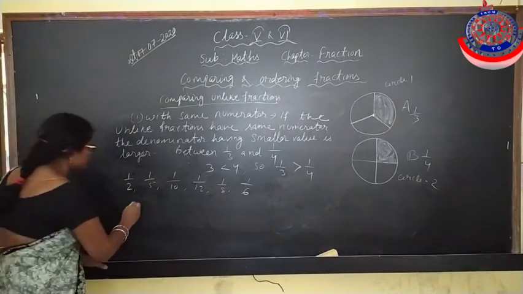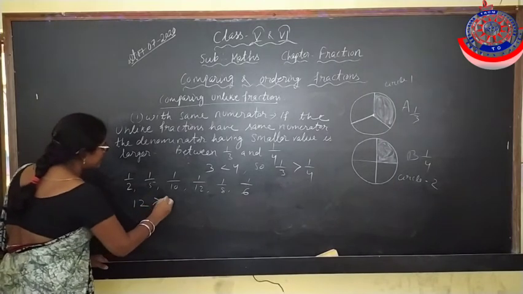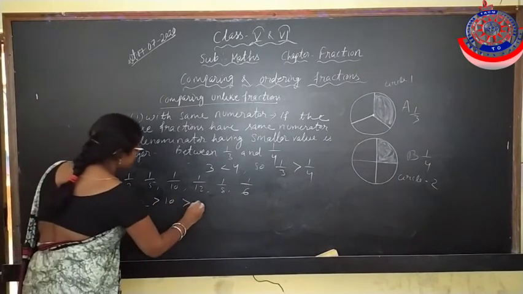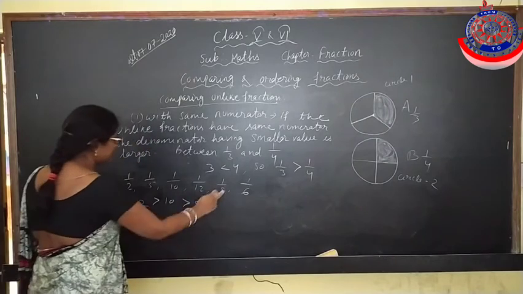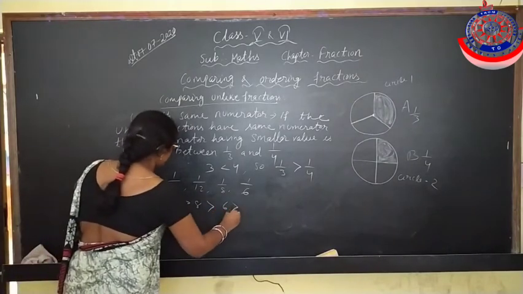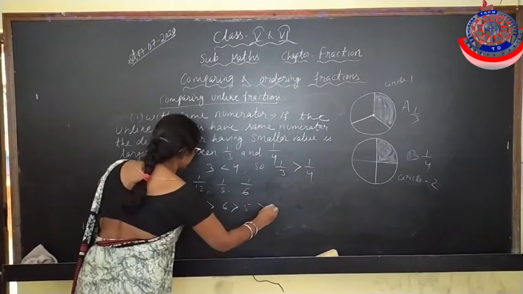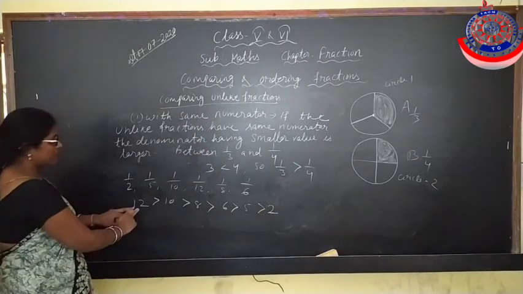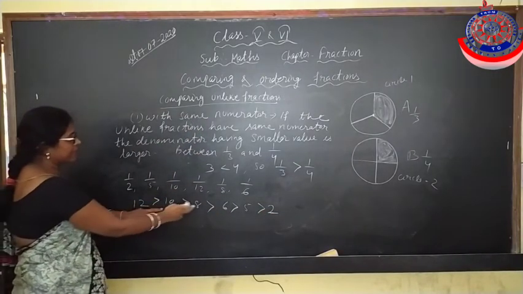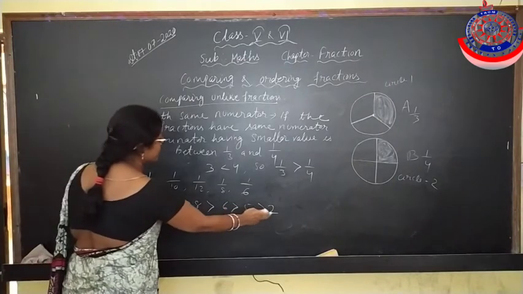We have to arrange them in ascending order. So 12 is greater than 10, greater than 8, greater than 6, greater than 5, greater than 2.